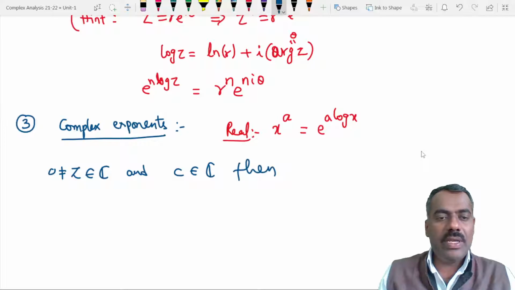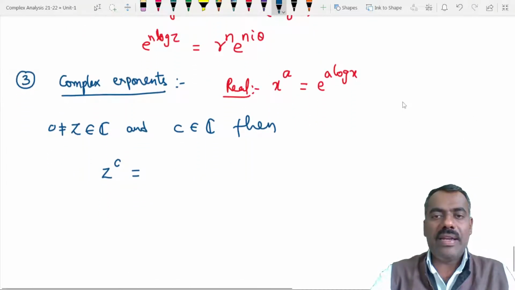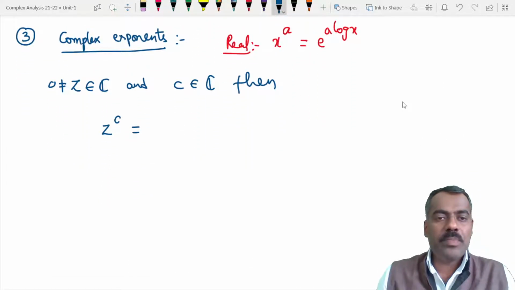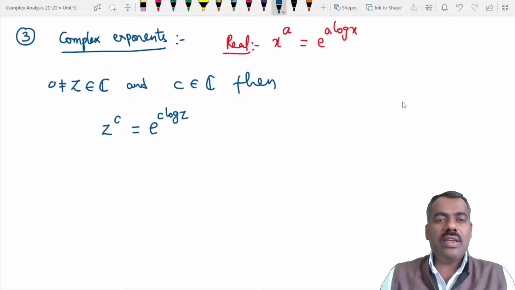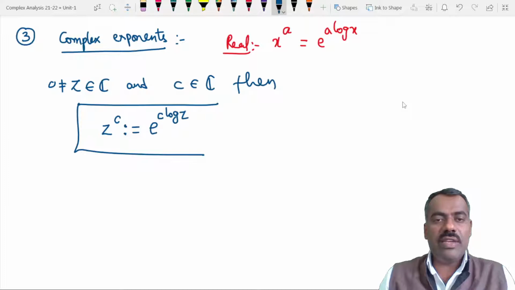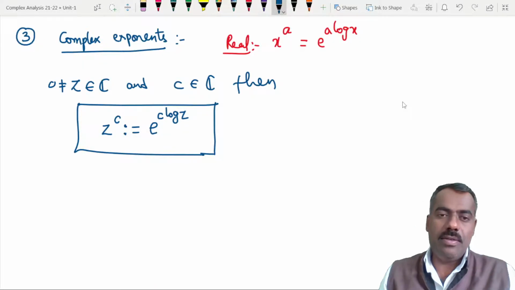Then we can talk about Z power C. How can one define this? It is the same as exponential of C times log Z. Right. If you want, you can write this as a definition. We can define Z power C as e power C times log Z.